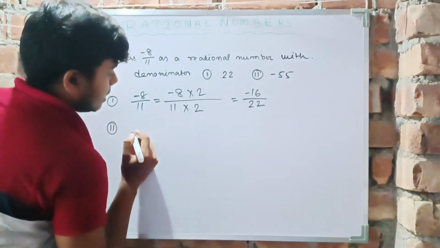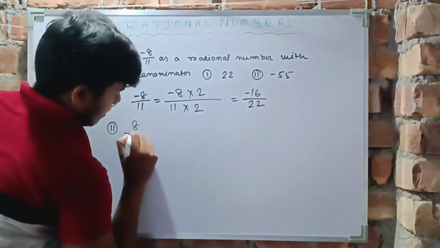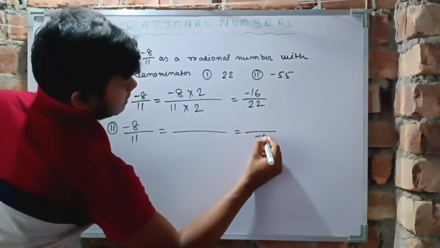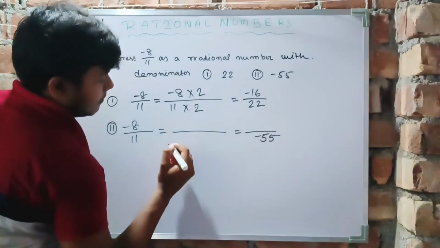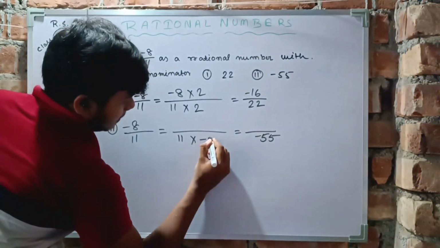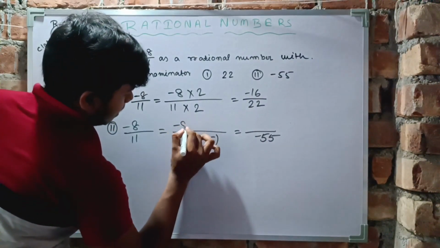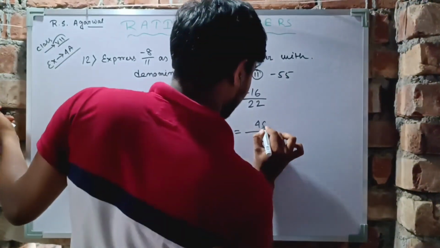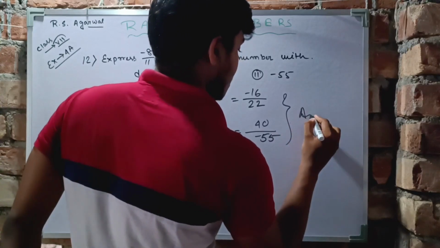Problem number 2, denominator -55: we have to bring -8 by 11 to denominator -55, so 11 into obviously -5, therefore -8 into -5, that means 40 by 55. This is our answer.